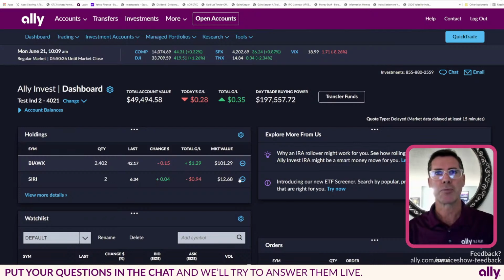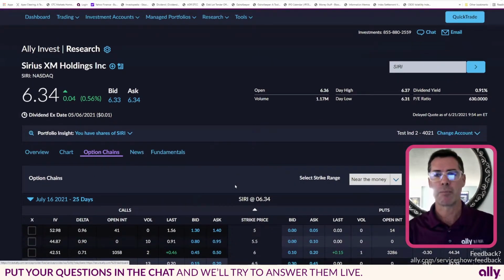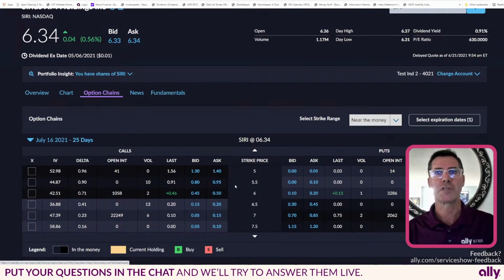Now, this is easy here. What we'll do is simply select these 3 dots next to my Siri position and option chain. And you'll see it's giving me the familiar option chain you just saw a moment ago. The only difference here is we won't be buying the stock. We'll just simply be selecting the call that we're going to sell.